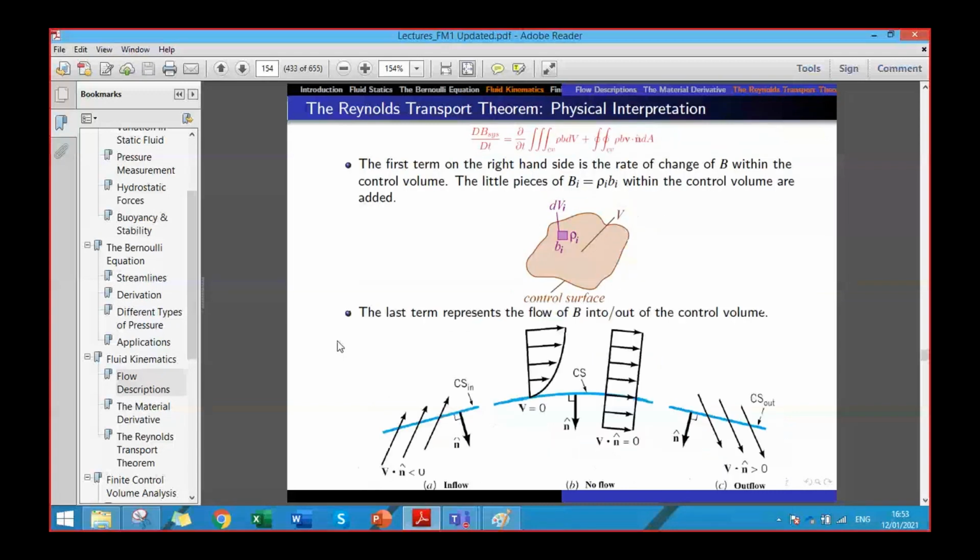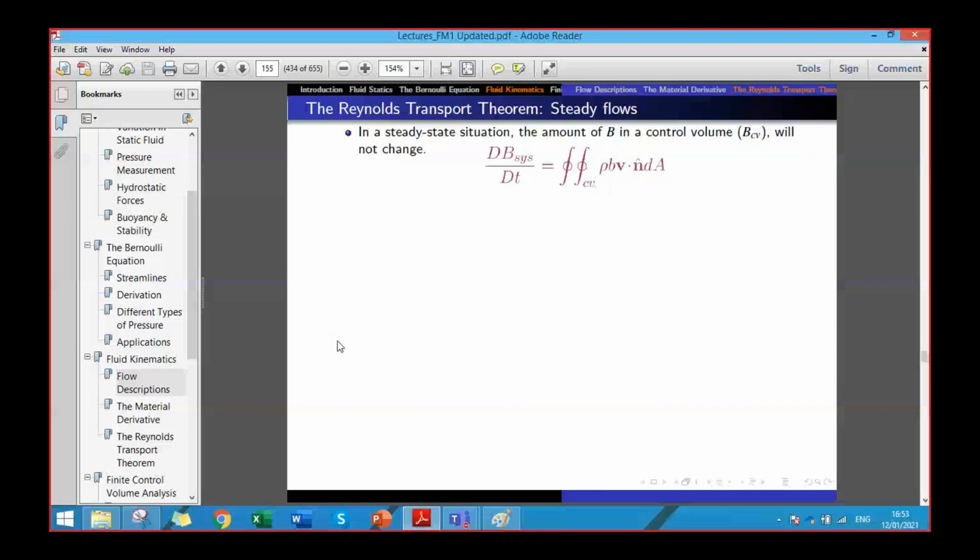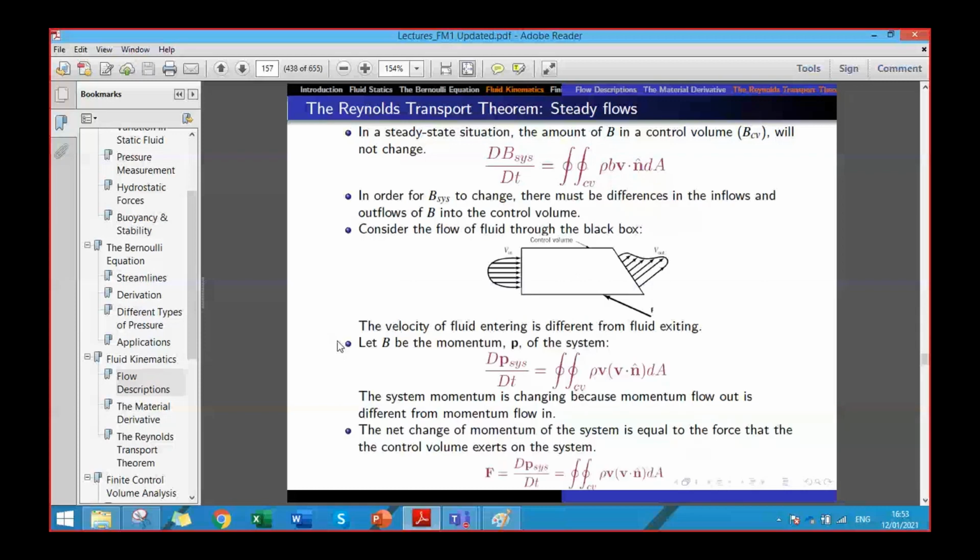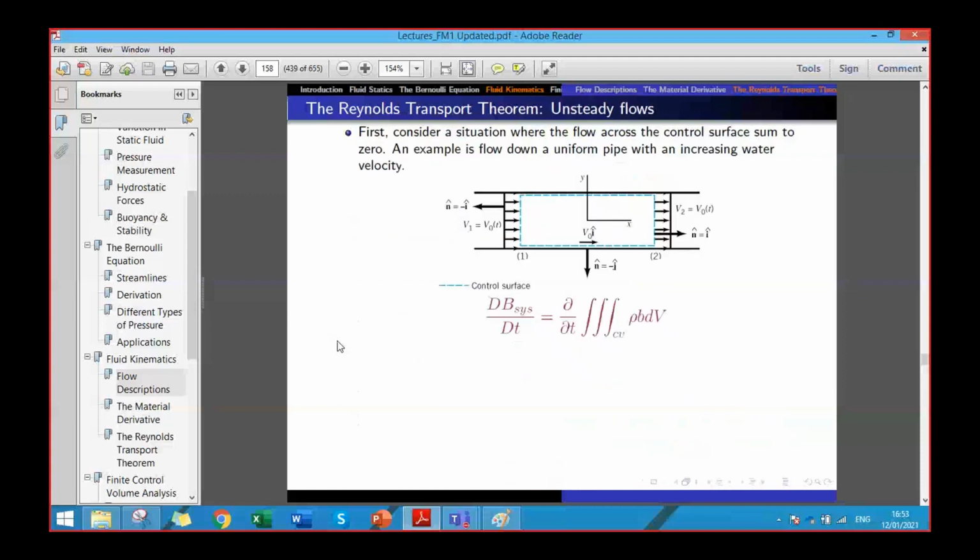In the next class, we'll replace this B with different properties. Let's say we replace capital B with the mass, or with the momentum. So we'll get the three famous equations of fluid mechanics: the continuity equation, the momentum equation, and the energy equation.